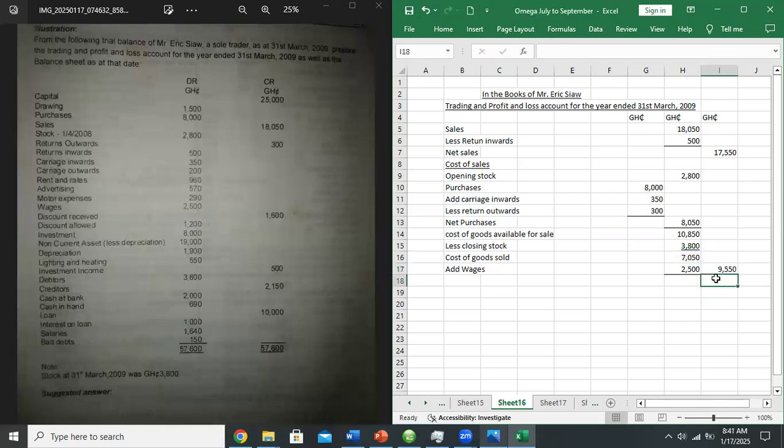Okay, giving us 9,550. If we do the mathematics, professors, are we getting a gross profit or gross loss? Prof, your net sales is 17,550. Your cost of sales is 9,550. Would that be a profit or a loss?